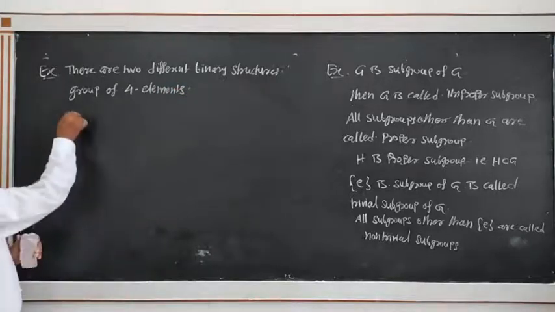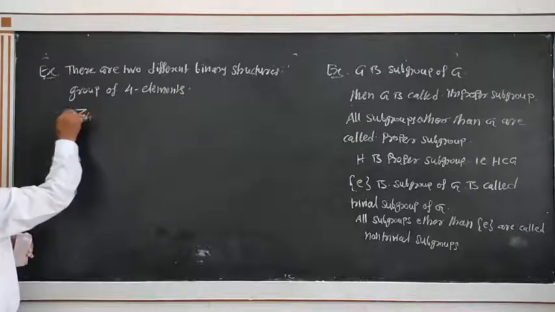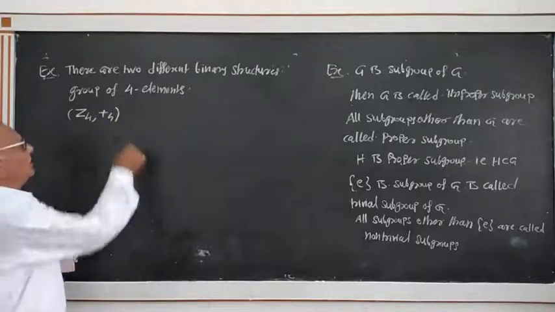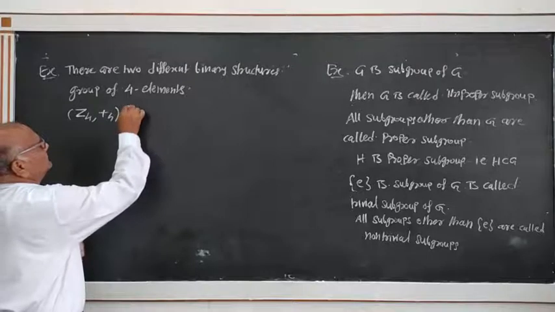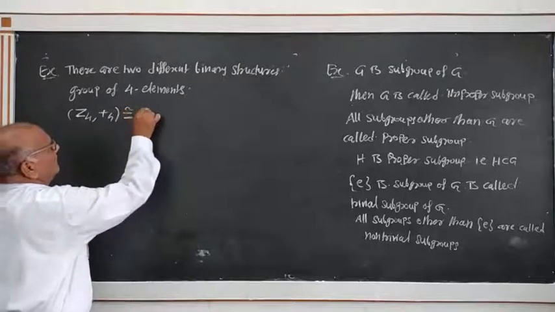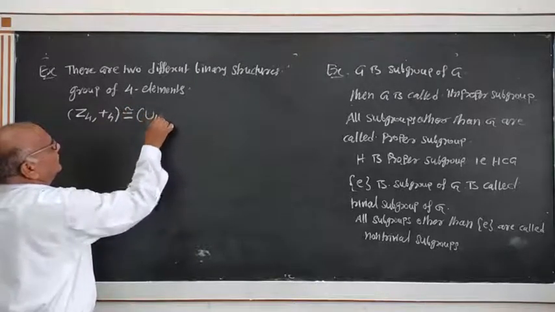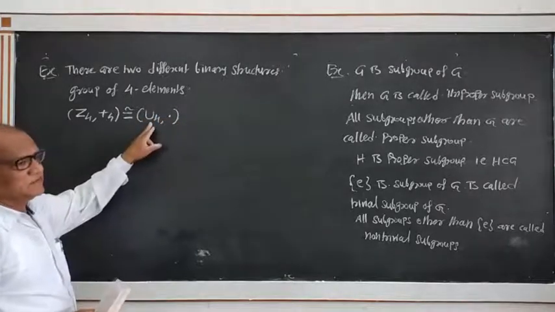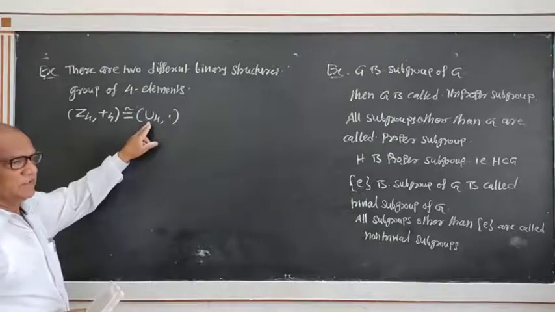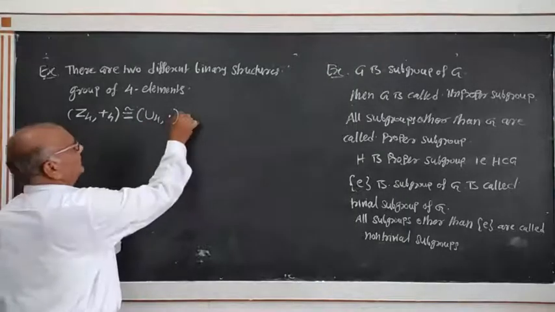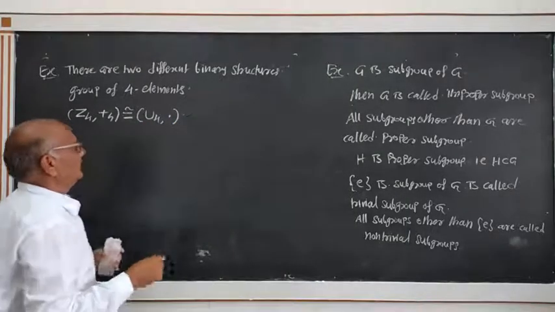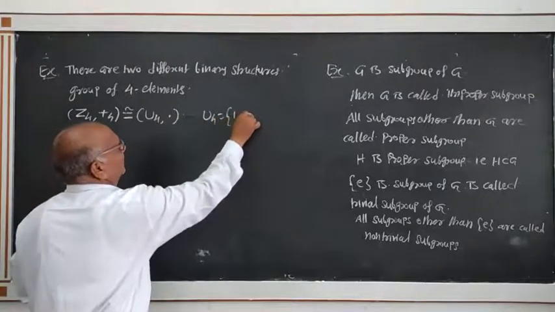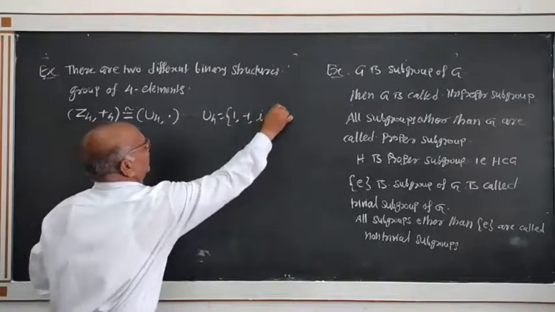Here, Z4 with addition modulo 4 is isomorphic to U4 with multiplication. U4 means the roots of unity. U4 contains the elements 1, minus 1, i, minus i.